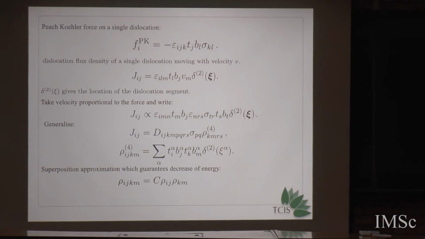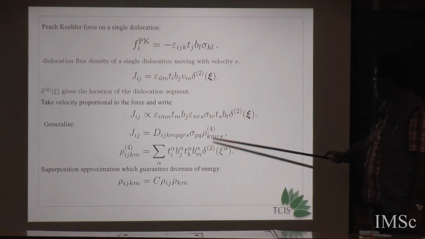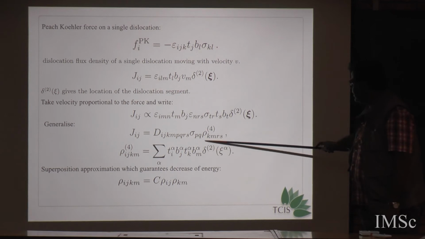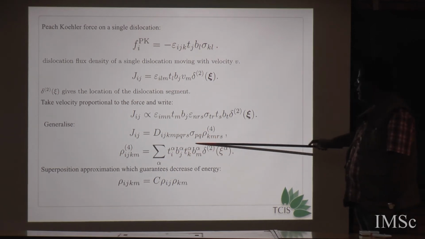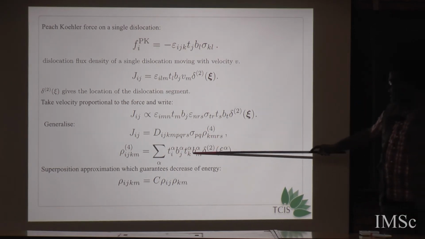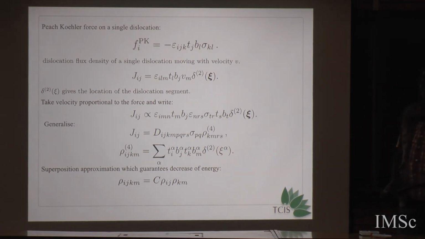So you can see how complicated this thing immediately becomes, and this four index quantity is exactly the coupling that we required. This is coupling a dislocation at one point with another dislocation at some other point.